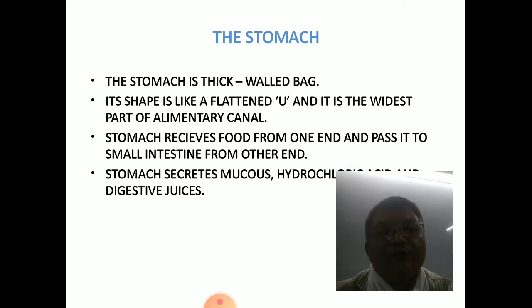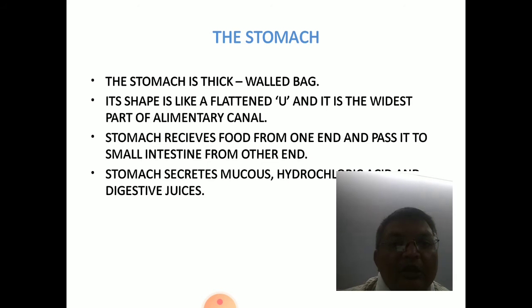Now what is the work of the stomach? The stomach receives the food from the esophagus and passes it to the small intestine. So on one side of the stomach there is the esophagus, and on the other side there is the small intestine.